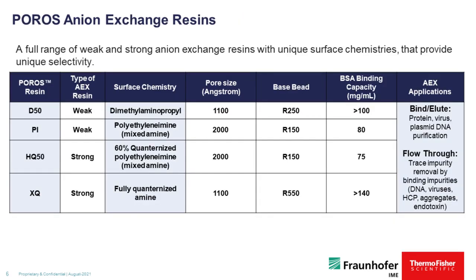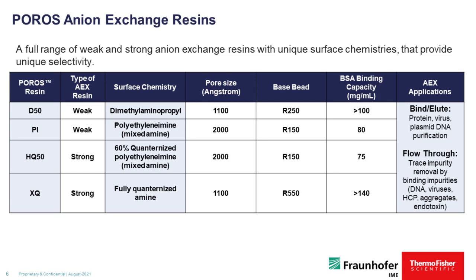And so Thermo offers a wide variety of AEX resins. There are the porous resins, which have unique surface chemistries, and they could be utilized for plasmid DNA purification. And starting from the top, we have our D50 and our PI resins, which are weak AEX resins. These contain primary, secondary, and tertiary amines that are ionizable over a narrow pH range.